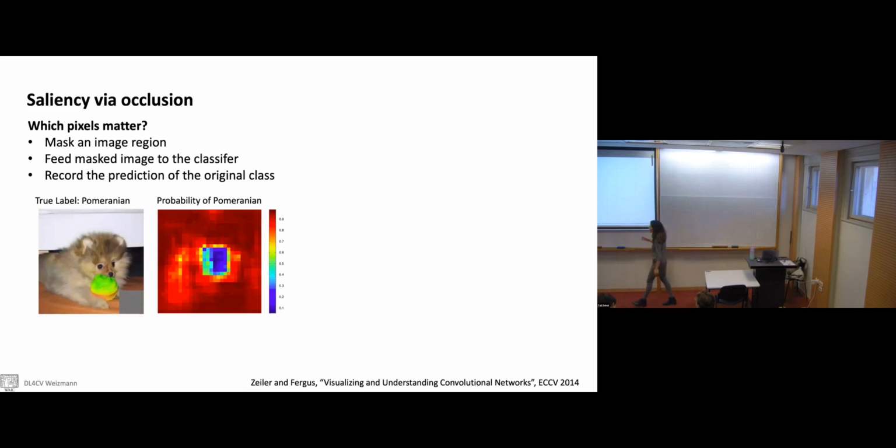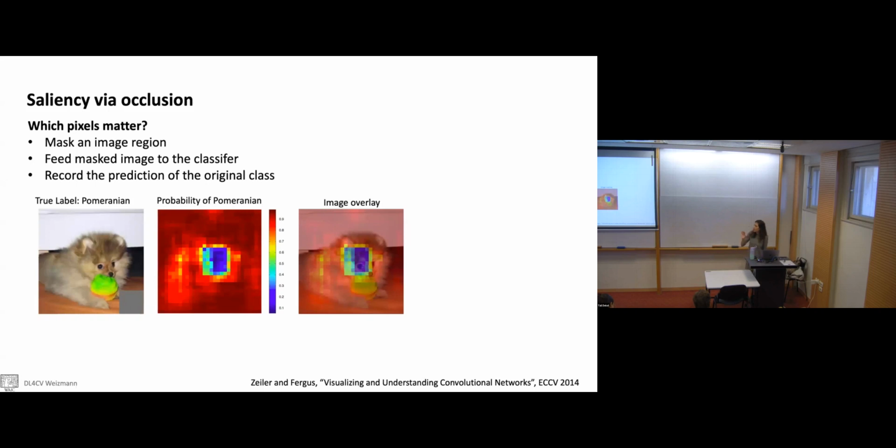We can see that if I block the face region, the probability of Pomeranian significantly drops. But you see here, it drops to 0.1. But if I block some region in the background that doesn't have any information about this dog, it didn't really matter for the classifier. Okay.